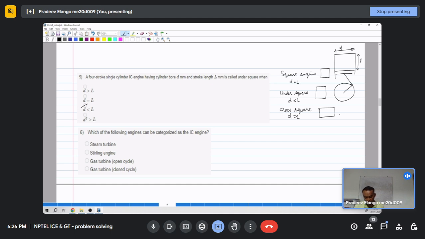Which of the following engines can be categorized as IC engine? Steam turbine, Stirling engine, gas turbine, open cycle, gas turbine, closed cycle.